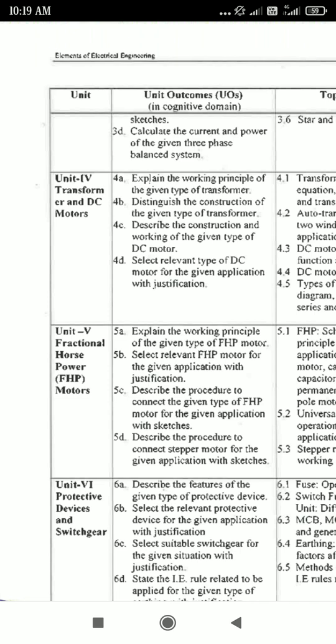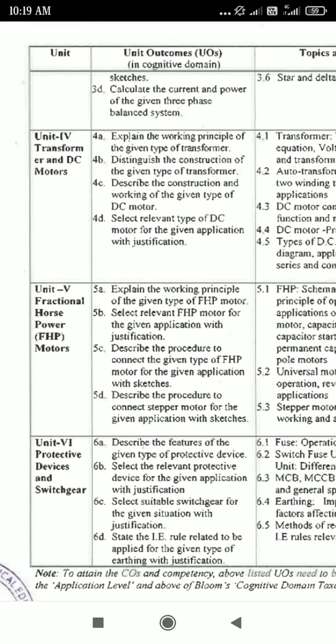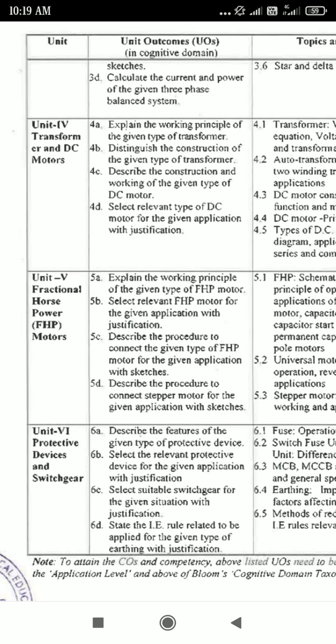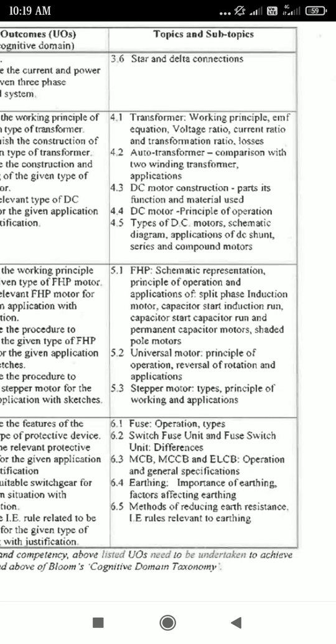Right. The next unit is unit number 5, fractional horsepower motors. In this unit, fractional means a motor below 5 HP is called a fractional horsepower motor, right? The single phase induction motor is also called a fractional horsepower motor.